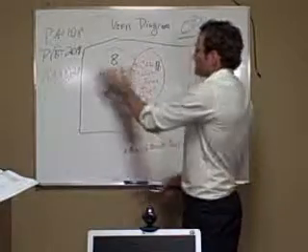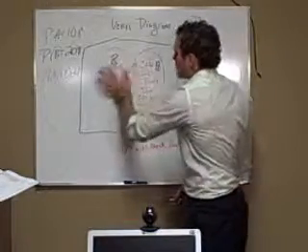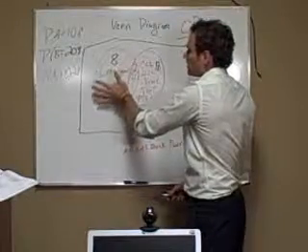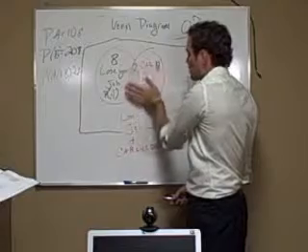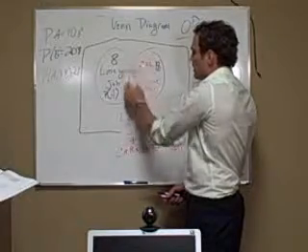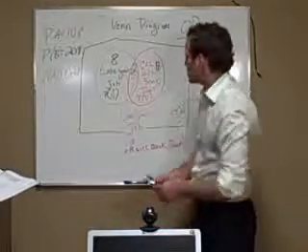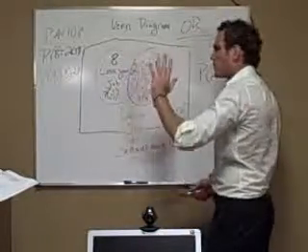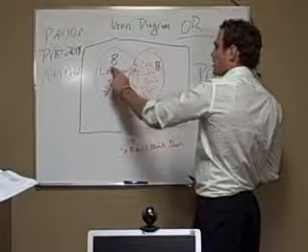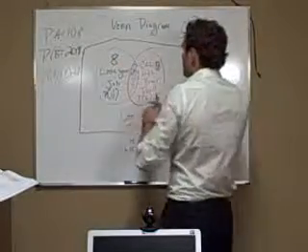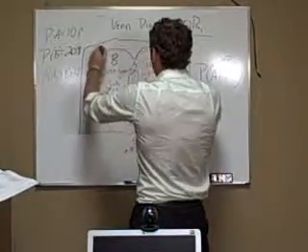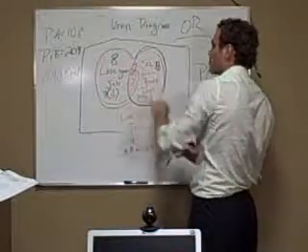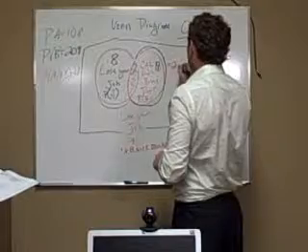If you see this 2% overlap, a 10% chance you lose your job, a 20% chance your car breaks down, but there's a 2% overlap. So you can see that it actually gets double counted. So if you were going to say the probability you lose your job or your car breaks down is the probability of this space. In this space is 8 plus 2 plus 18, which is 28.